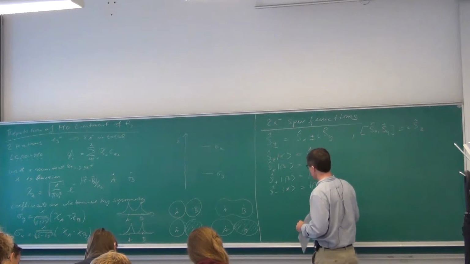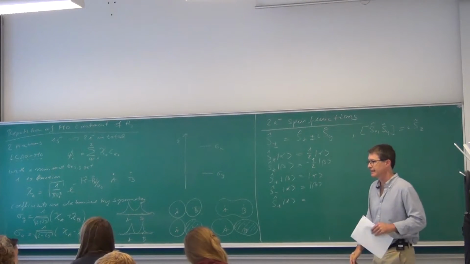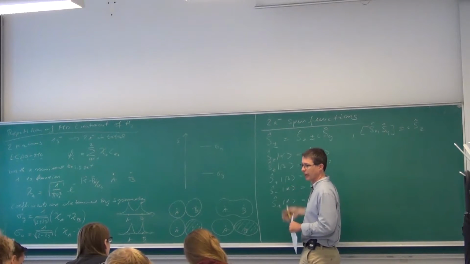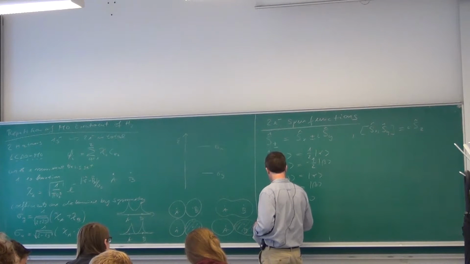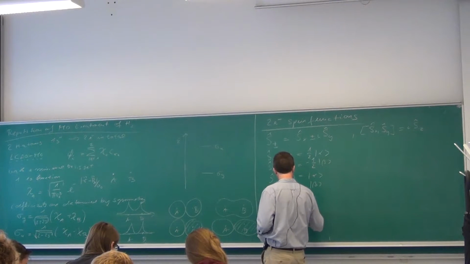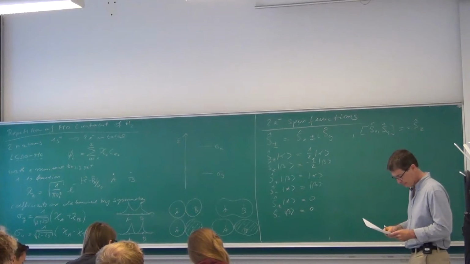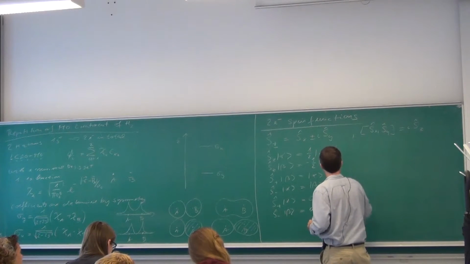But what happens if you let S plus act on alpha? You get 0, because you can't go higher up. And S minus on beta is the same story, you can't go further down. Right.